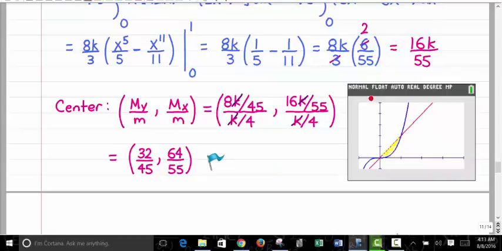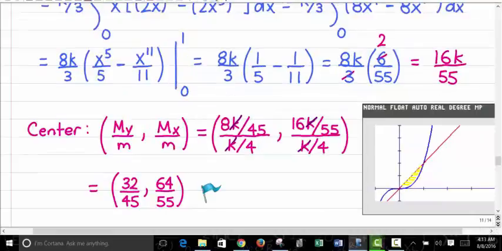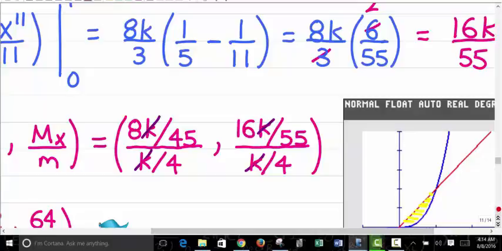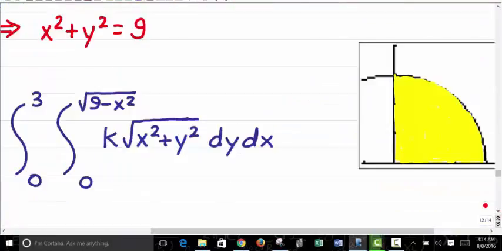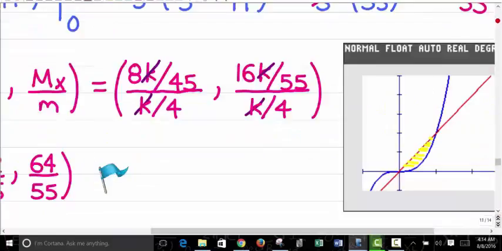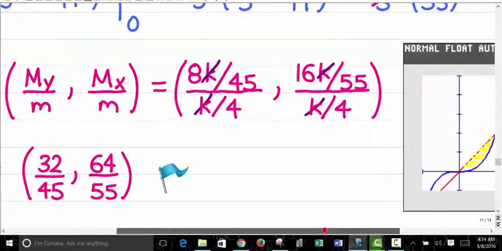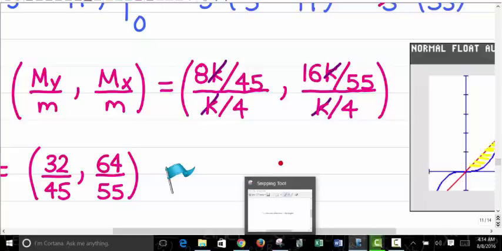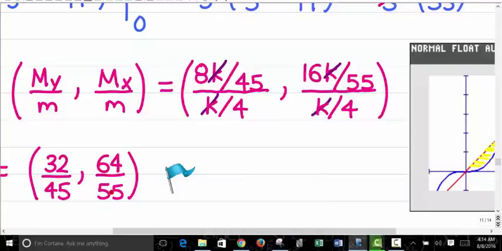I didn't really pinpoint that in there, but I will zoom in on this for a second. I guess I could try to squeak a little dot in there. 32 over 45 is, oh, I could check. That's around 0.7, roughly, and then about 1.1, 1.2 maybe.